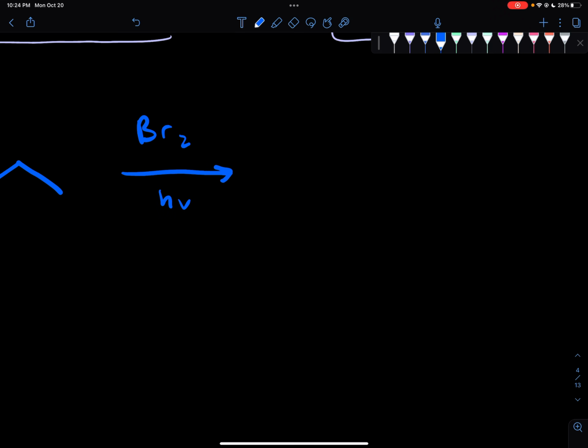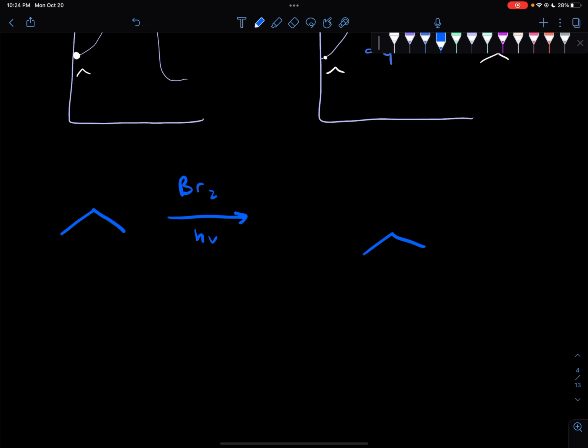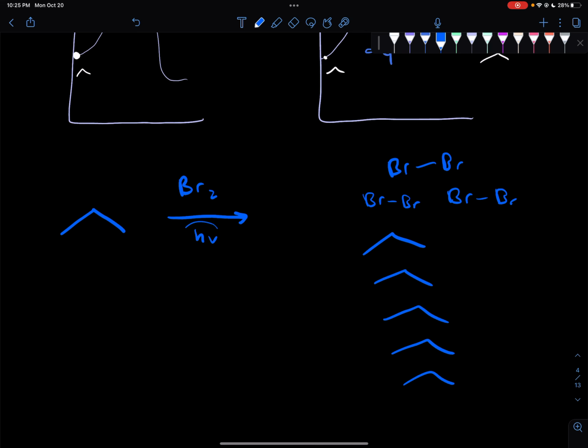So I'm actually going to go ahead and draw this out. We have a billion of these propanes sitting there, and we also have a billion Br2s in the solution. This is important to understand what's going to happen. This HV you might recognize as E equals HV or HF.